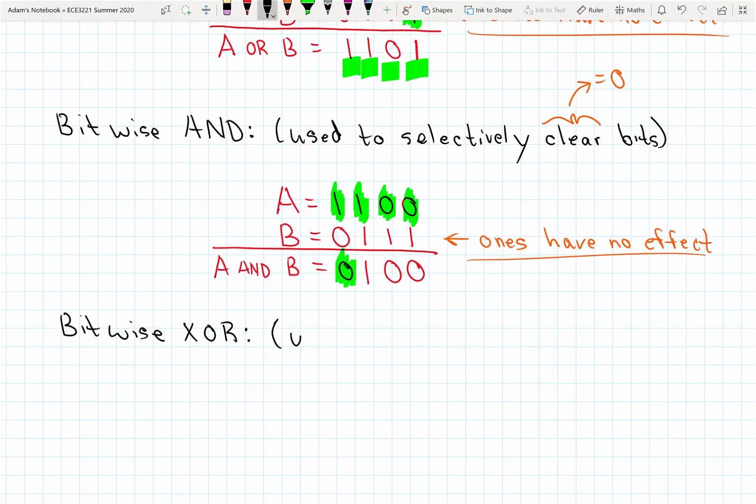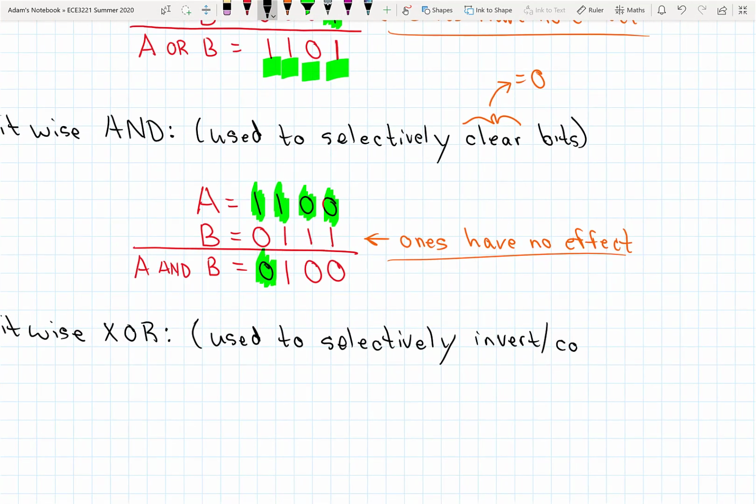Stated another way, we can use an XOR to selectively invert or complement, another word for invert, bits.